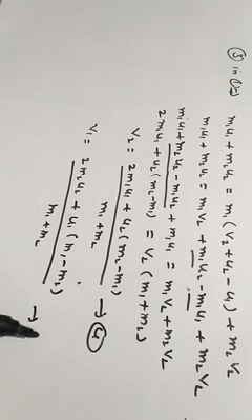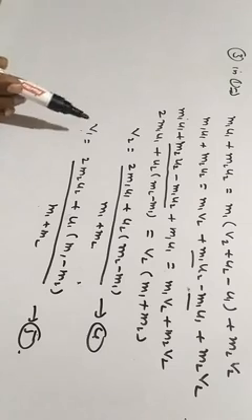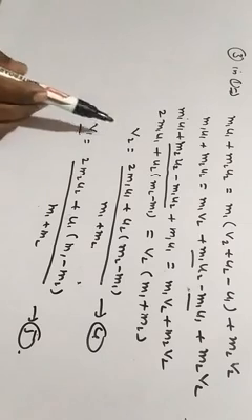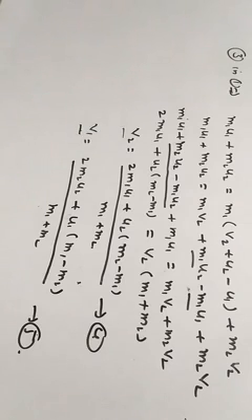This is equation number 5. So these are the required values of the final velocities v1 and v2. v1 is the final velocity of body 1 and v2 is the final velocity of body 2 after the collision. In this way we calculate the velocities of the two bodies after collision.